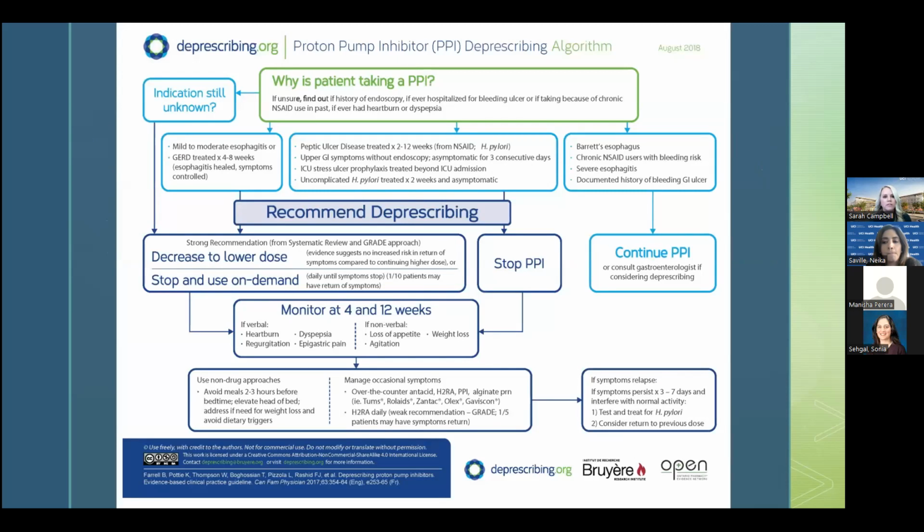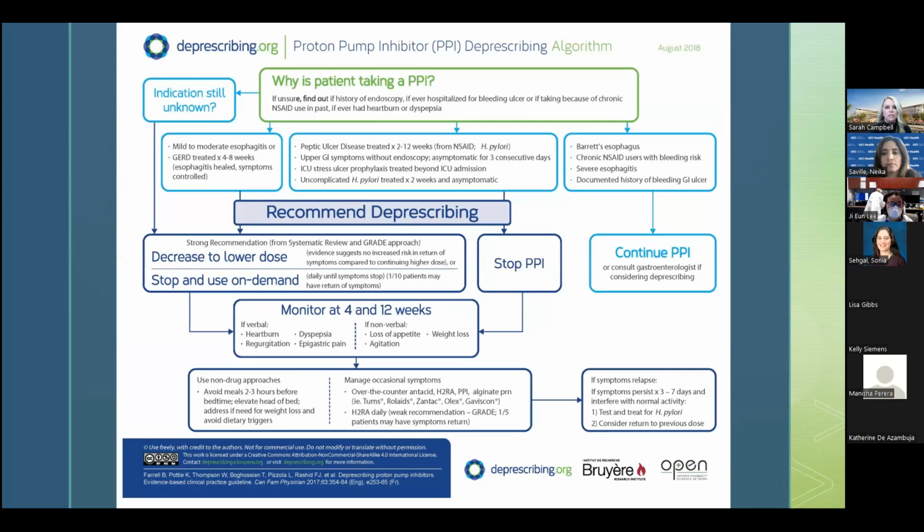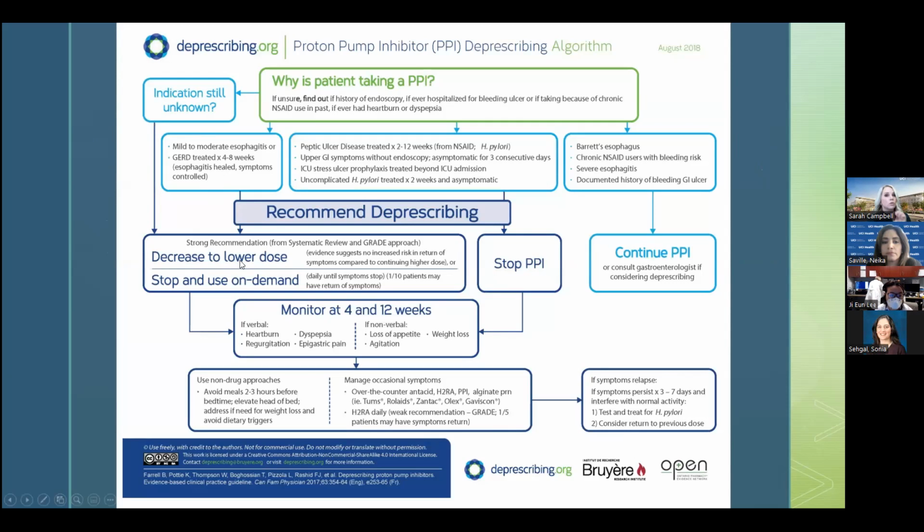An example of this is a PPI. So we've got a lot of seniors who are on PPIs or they're left on them for years. We need to consider, why are they still on it? And so this is kind of an example. If the indication is unknown, then we consider decreasing to a lower dose or stop and then use on demand. Or is it for a known condition?